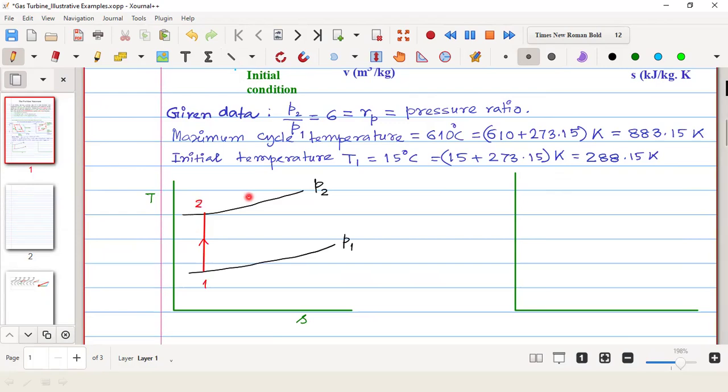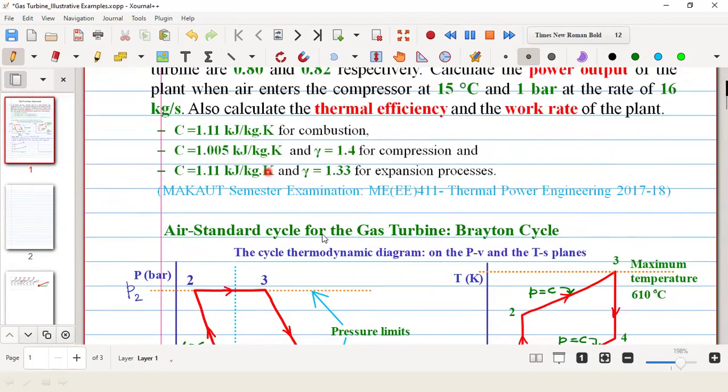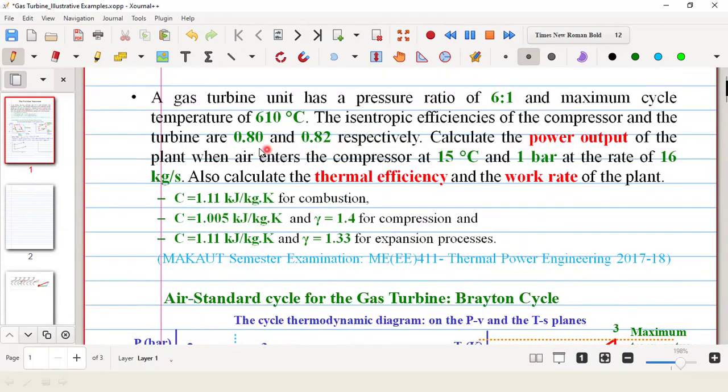So it is 2. Now, if it is isentropic, I can write it as 2s because s means entropy. So it means that following constant entropy, the compression is done from 1 to 2. Now, here it is given that isentropic efficiency is 0.8 for the compression.